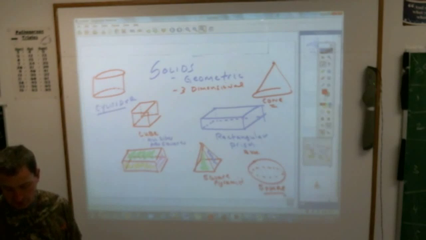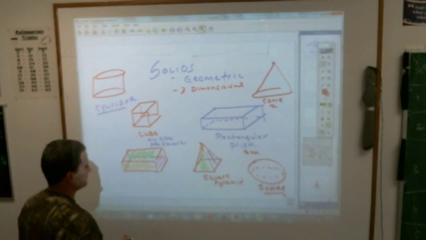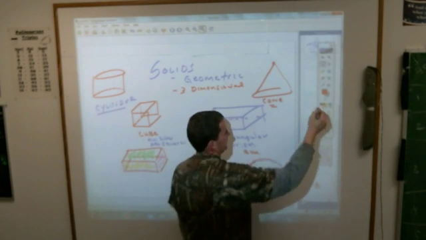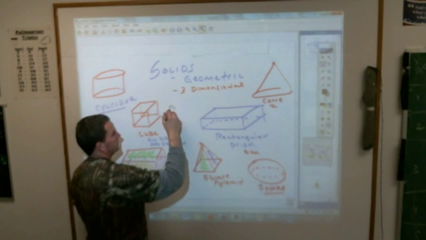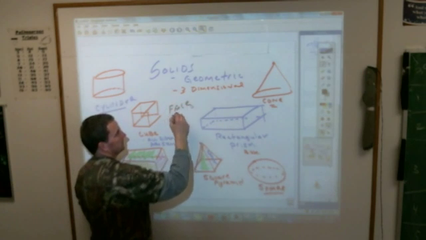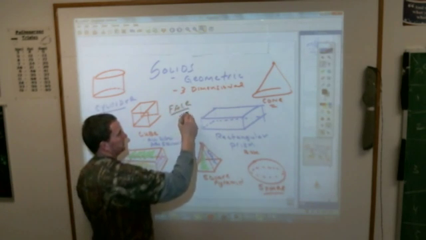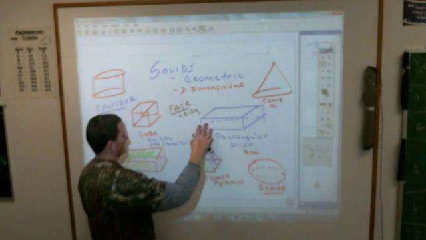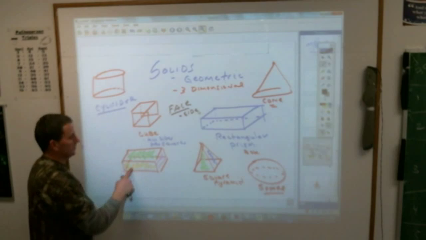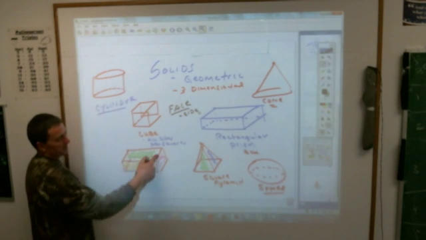A couple things we have to label here is that we have things that are called faces. A face of a solid is nothing more than its side. If we were looking at this shape here, this has 6 faces.